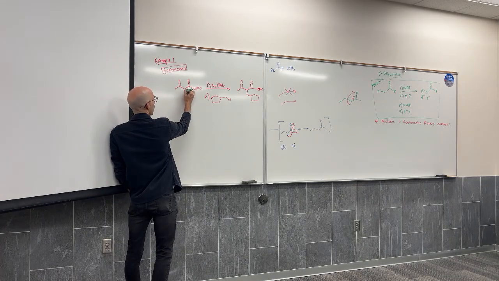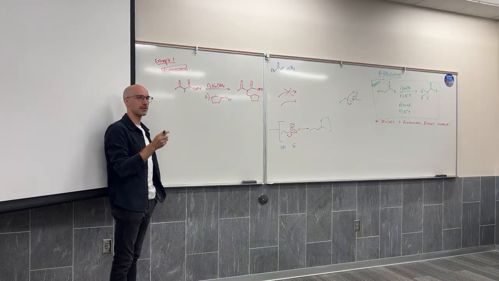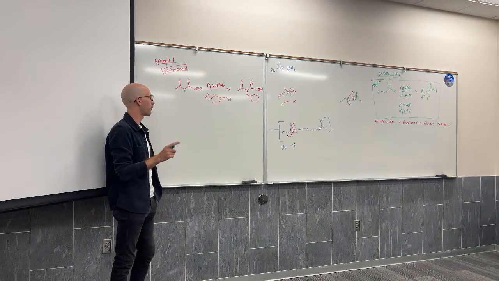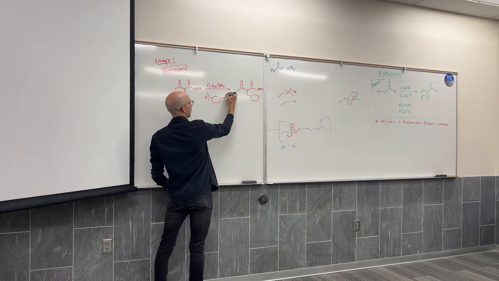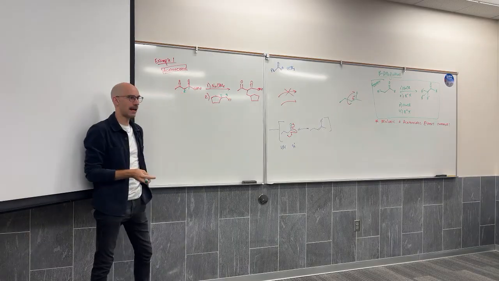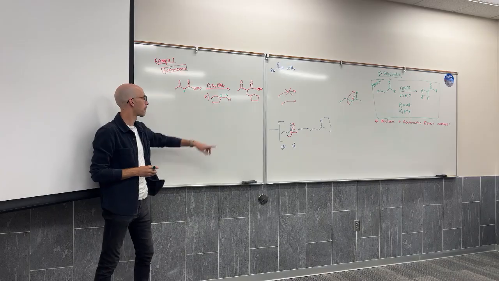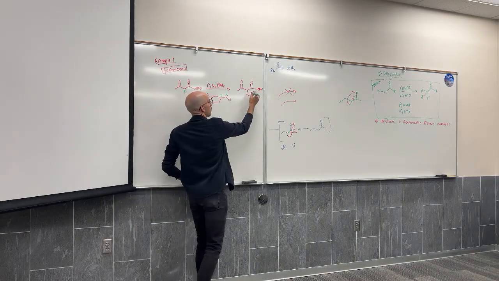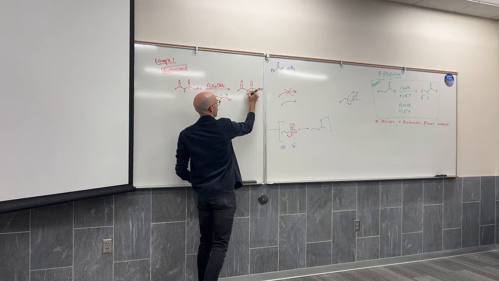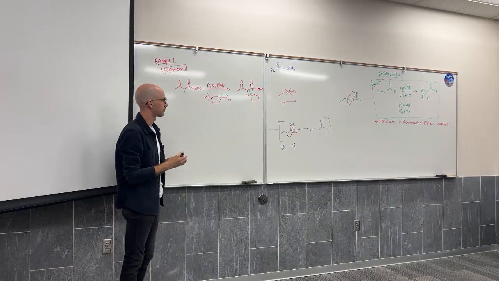So I'm going to start numbering from the ester. I'm going to number to the alpha carbon. The alpha carbon is the nucleophile, which is going to attack the electrophilic alpha carbon of the alkyl halide. 1, 2, 3, 4.